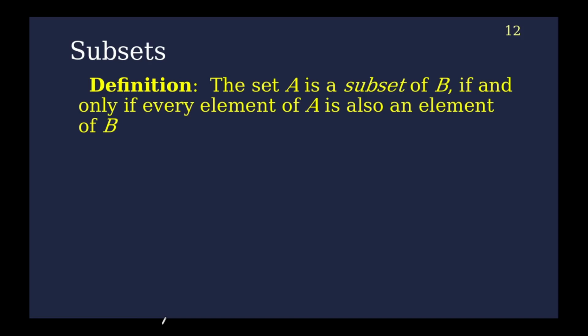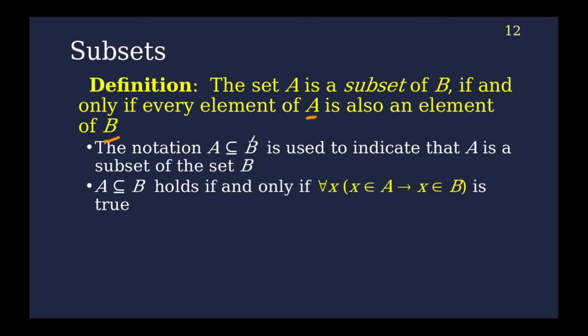Next, understand the subset. First we will understand the proper definition of the subset. Set A is a subset of B if and only if every element of A is also an element of B. Let us describe the definition in terms of notation. This symbol is used for subset.